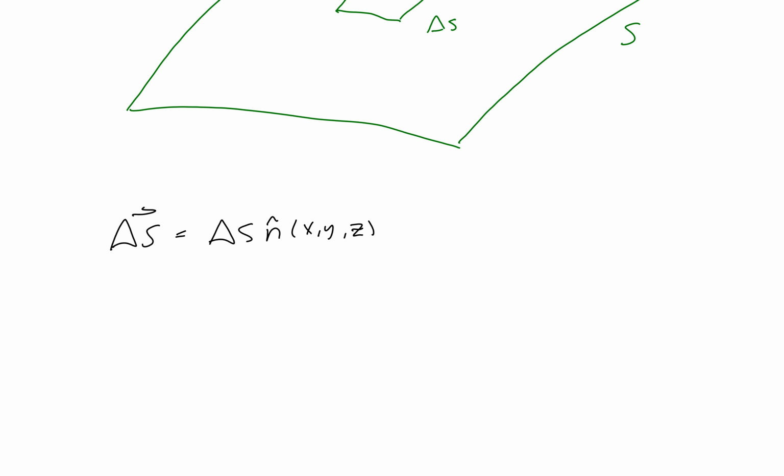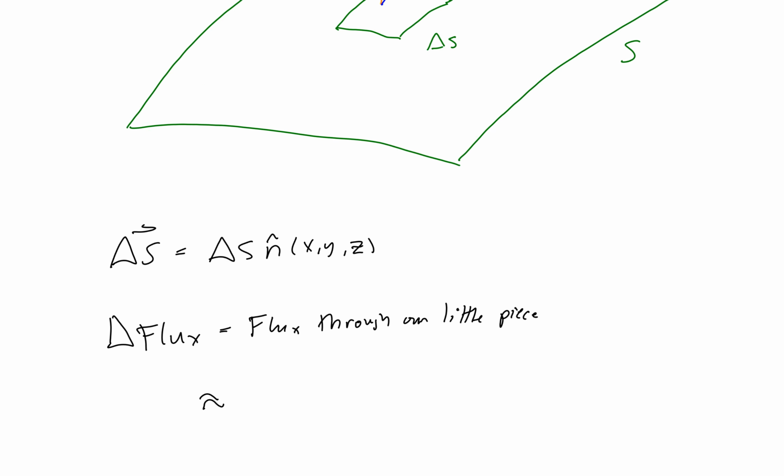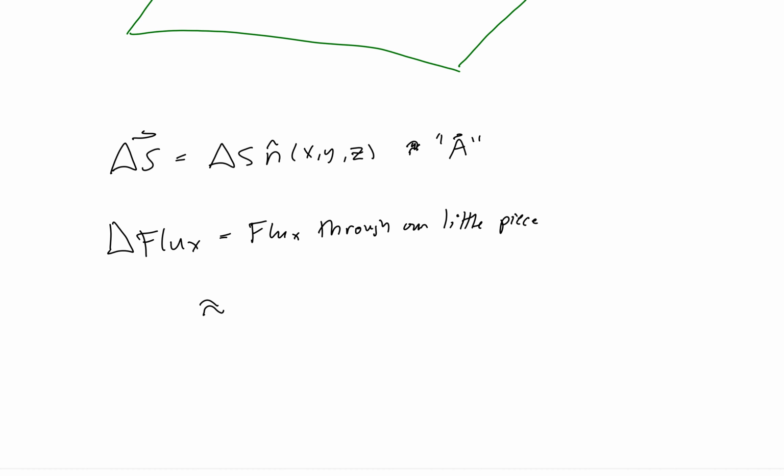If we do that, then the flux through this little piece, say delta flux, is going to be approximately, well, this is my scaled unit normal vector, my A here.